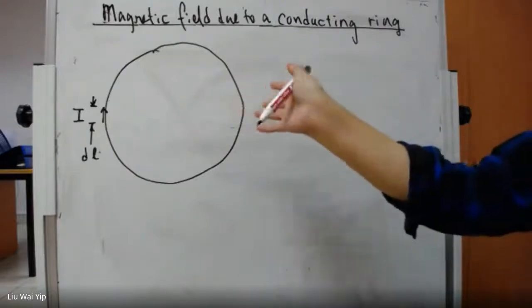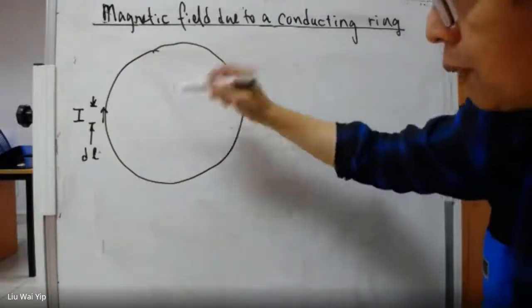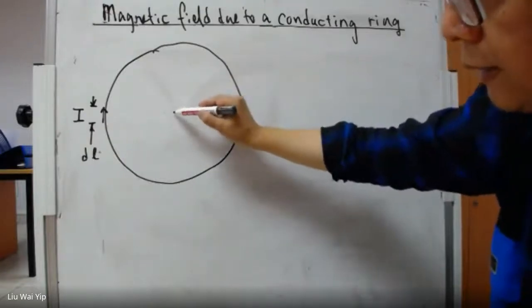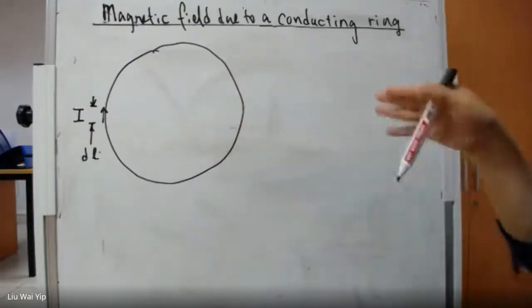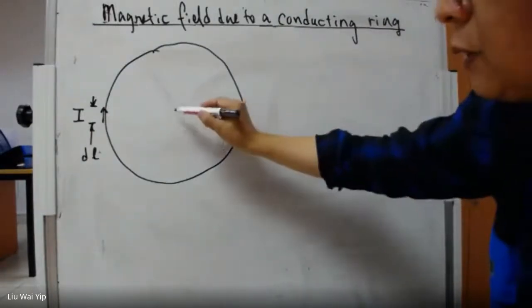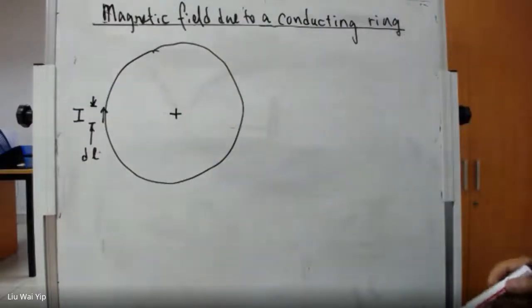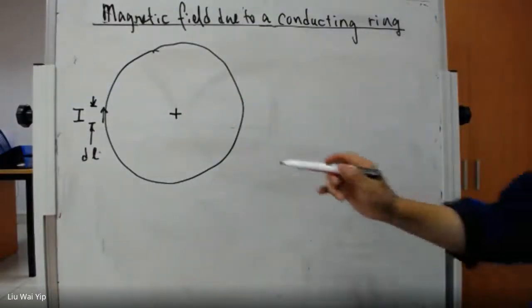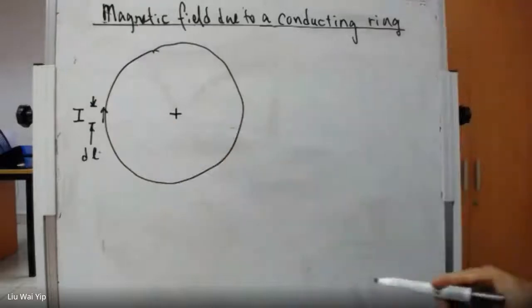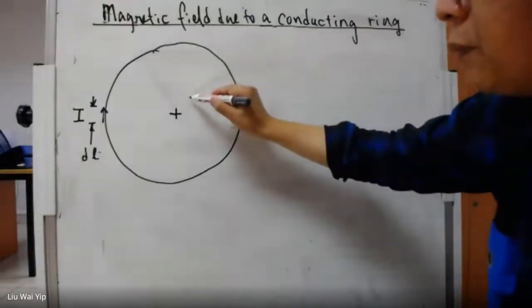Right now, if you use the right hand screw rule, then you will find that the magnetic field is pointing inwards, into the box. So in this case, you have a magnetic field here, and the magnetic field due to this little wire segment is dB.